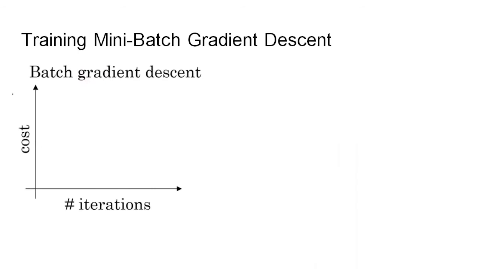The first thing we are going to see is how training in mini batch gradient descent takes place. The first graph here represents the training of the batch gradient descent algorithm. On the y-axis we plot the cost of the function, and on the x-axis we plot the number of iterations. This graph we have already seen in the previous few video lectures also.